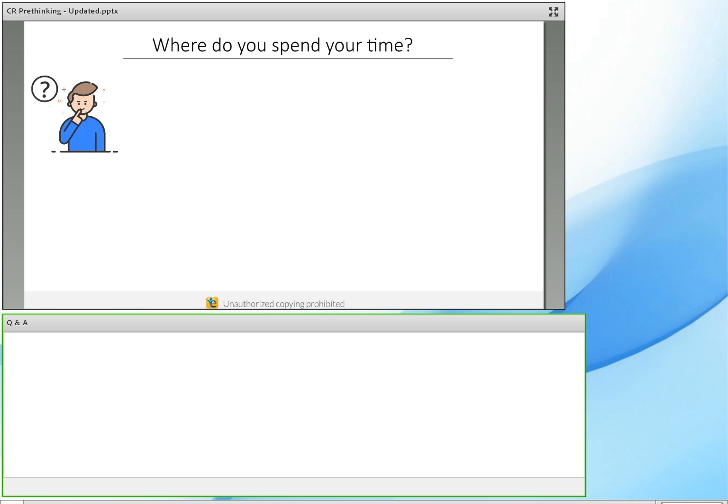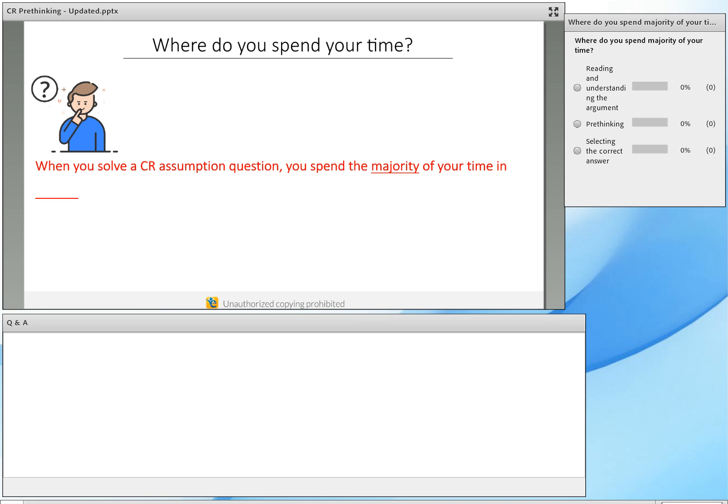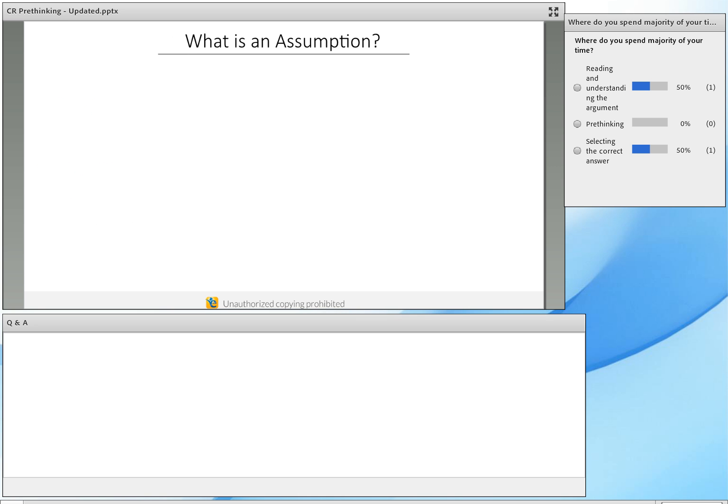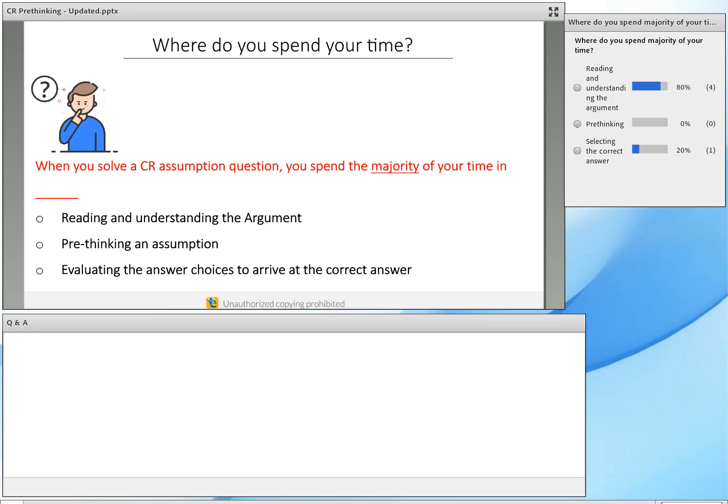The question is, where do you spend the biggest chunk of your time? If you follow the pre-thinking approach, where do you spend the biggest chunk of your time? And the three options are over here. Only if you follow the pre-thinking approach. This question is only for those folks.